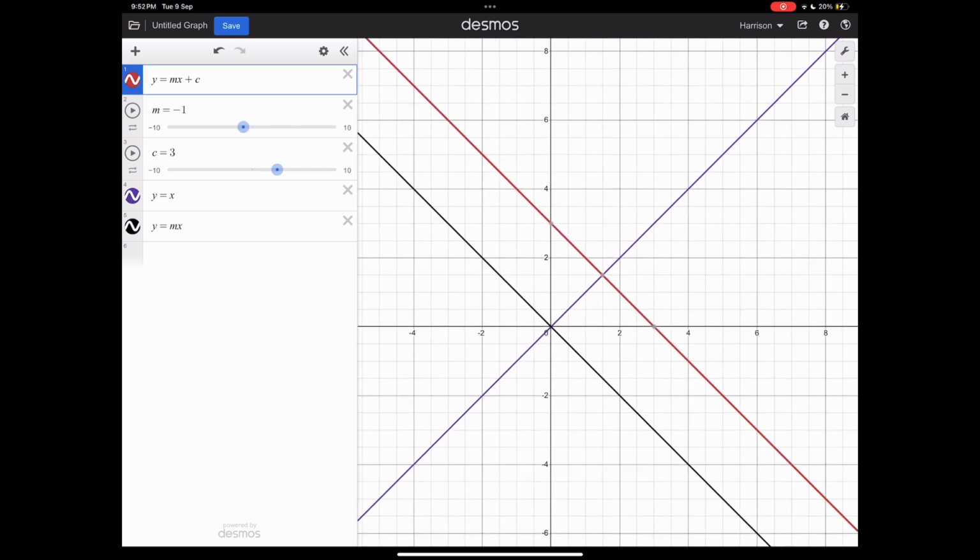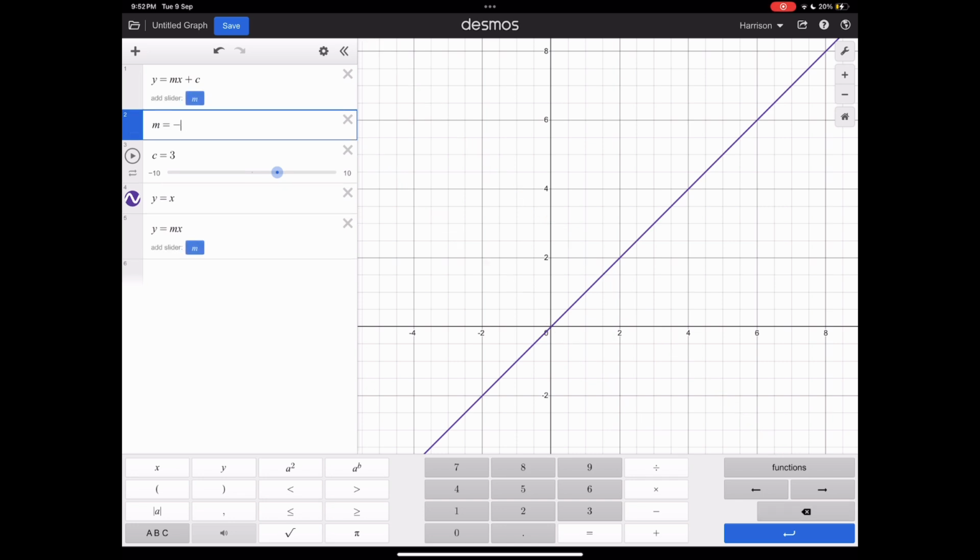That makes sense because gradient is rise over run, a way of saying, as I shift to the right, how far will I go up? Going up is positive and going down is negative. So if when you go to the right, you go down, that would be a negative gradient.